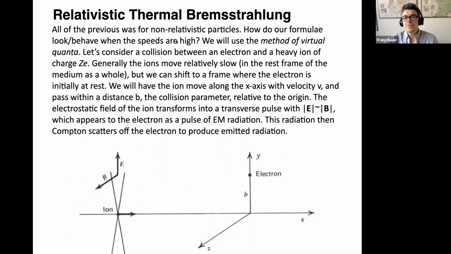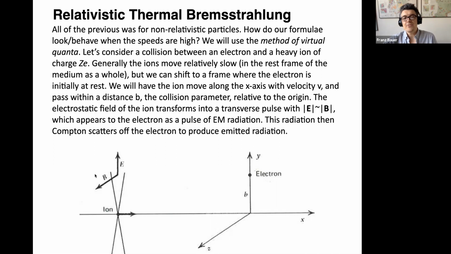Here we're going to use a method called virtual quanta, which harkens back to what we were doing with photons versus true particles. We're going to consider a physical situation where we have an electron and a heavy ion, just as before. The ions move relatively slowly, and so the electron does most of the movement as usual.